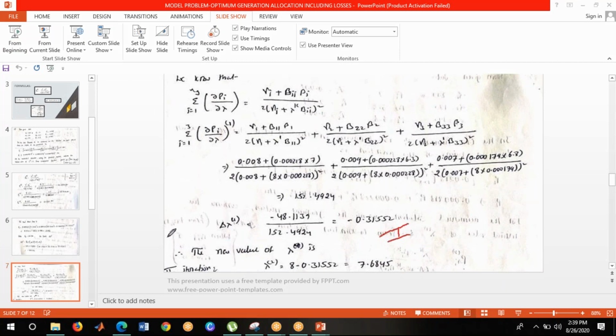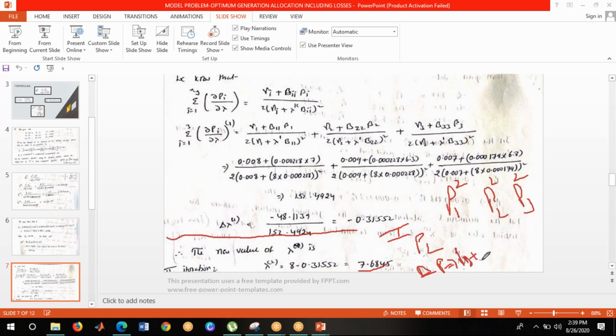So from here you have to start the second iteration. By using this lambda, again you have to find P1, P2, P3 for the second iteration. After that, find the PL value and substitute it into the power balance equation, PD plus PL minus the summation of these 3.